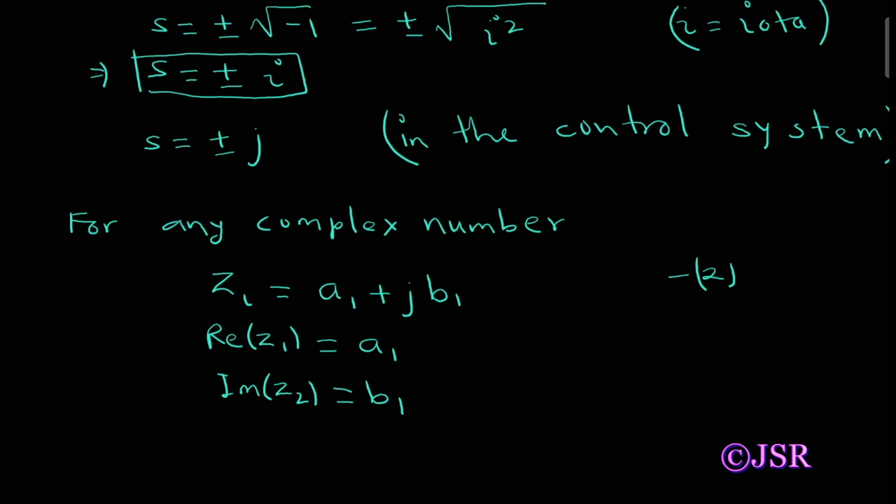So here for any complex number, Z1 can be represented as A1 plus JB1. Let's say this is equation number 2. So the real part of Z1 equal to A1 and the imaginary part of Z1 equal to B1.